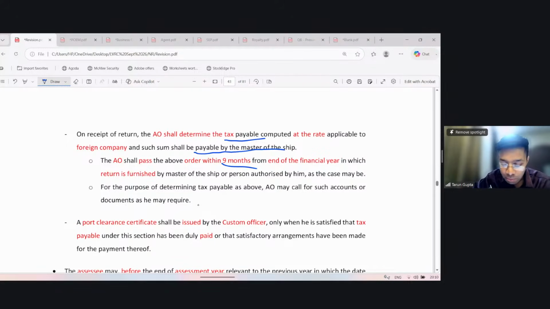For the purpose of determining tax payable, AO may call for such accounts or document as may require. A port clearance certificate shall be issued by the custom officer only when he is satisfied that the tax payable under section 172 has been duly paid or that satisfactory arrangement have been made for the payment thereof.